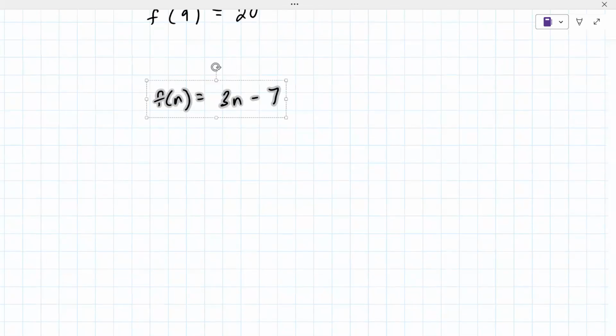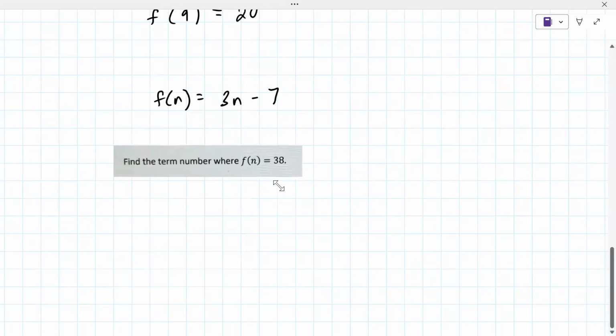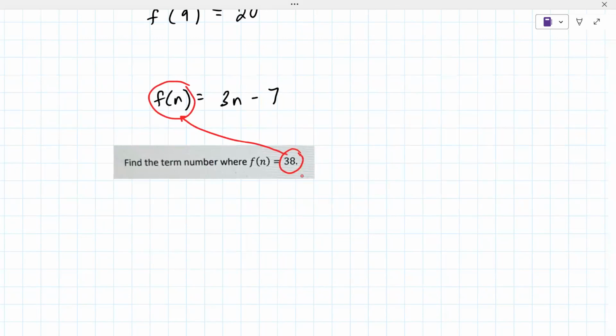Now the other style of question, there's two questions you're going to get here. The second one is the more difficult one for whatever reason with students. I don't really understand why, but that's what we're going to try and make clear here. So they're telling you f of n equals 38. 38 takes the place of all of this.